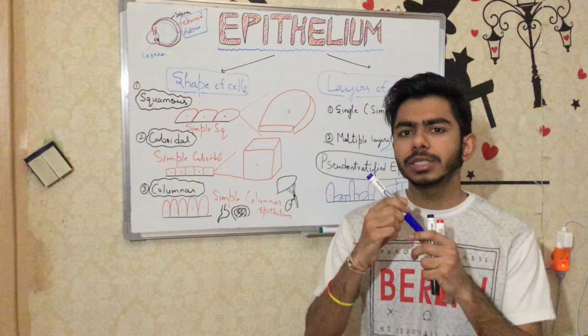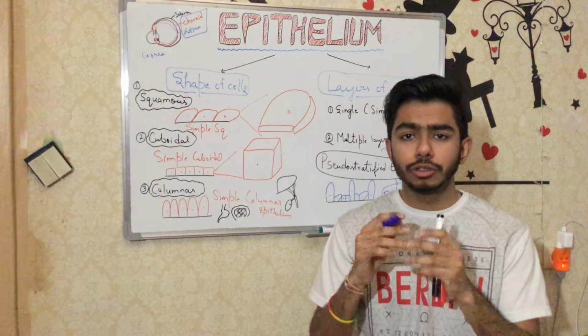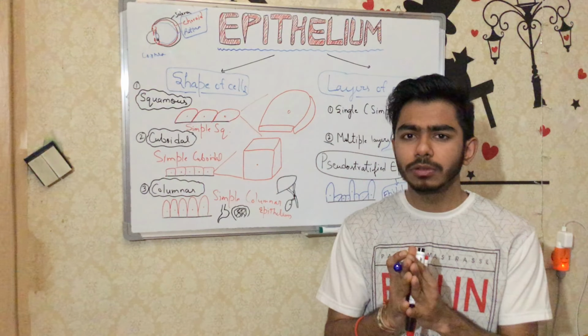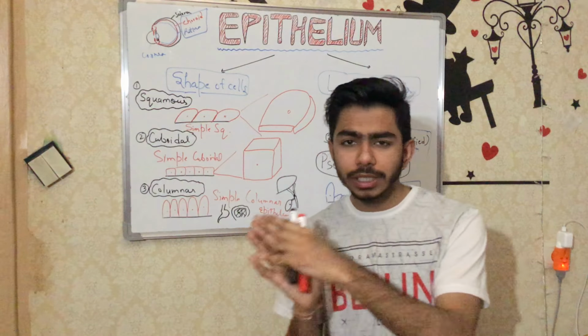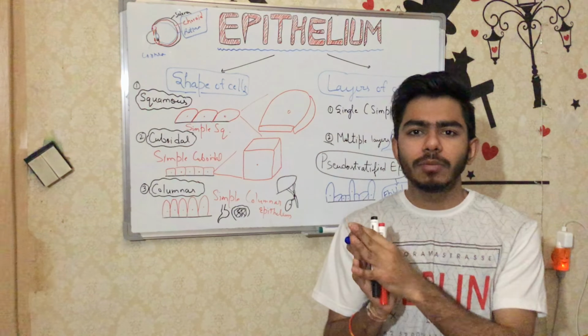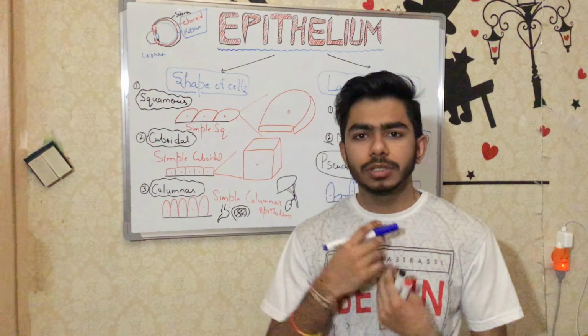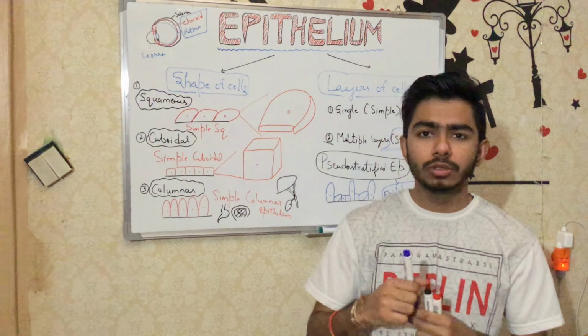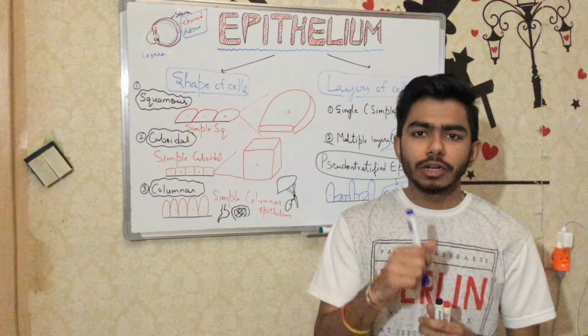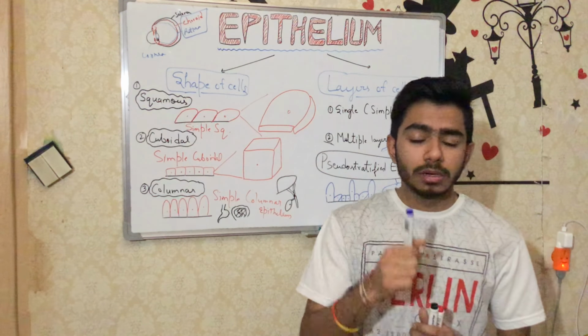This pseudo-stratified epithelium is responsible for moving the secretions from the trachea. Whatever secretions are coming from the lungs, they are not able to get rid of them, mainly in the trachea.